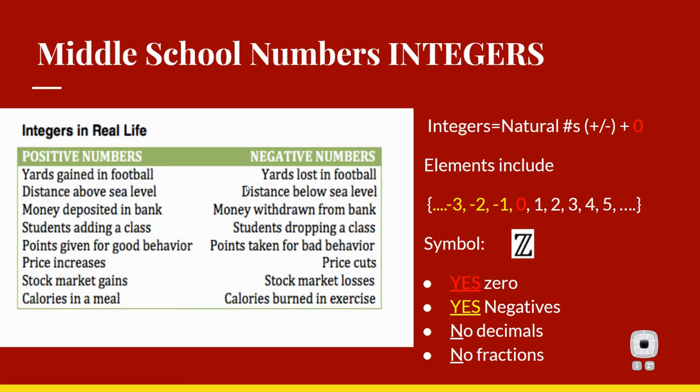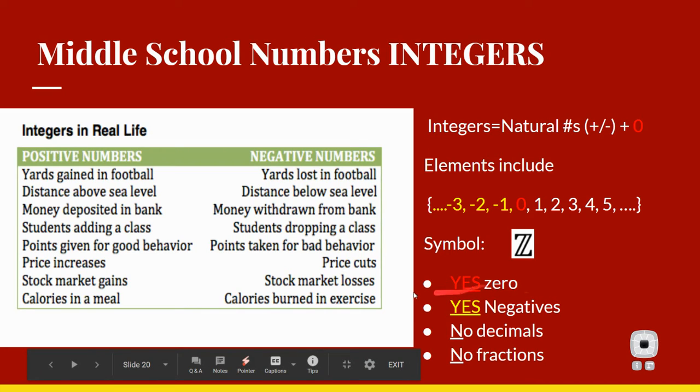Remember, natural numbers, we gave an N. Whole numbers, we gave a W for a symbol. But for integers, we use the symbol Z. Now, integers include 0. They include all the positive whole numbers and natural numbers.